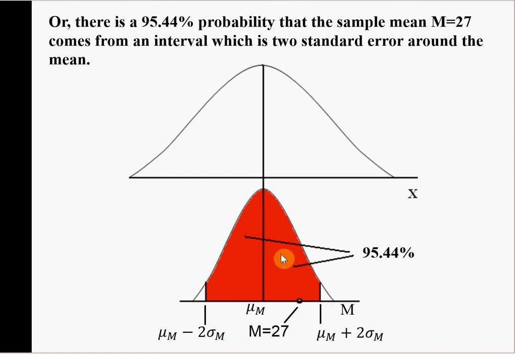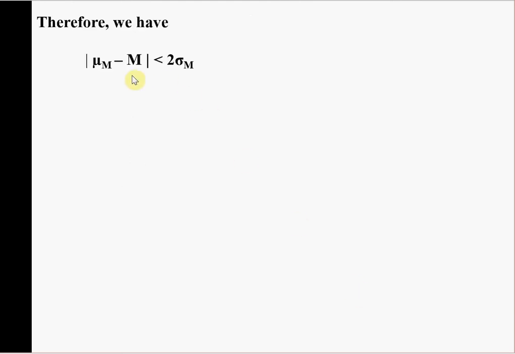And if that's the case, again, the difference between the mean and this sum of mean cannot be larger than the difference between the mean and the upper bound. And this happens 95.44% of the time. That is, the difference between the mean and that sum of mean 27 cannot be larger than 2 standard errors.